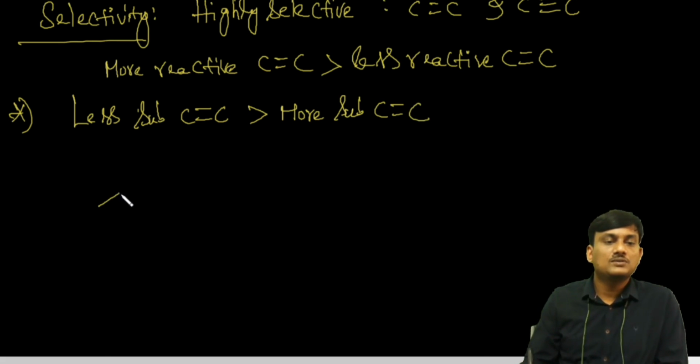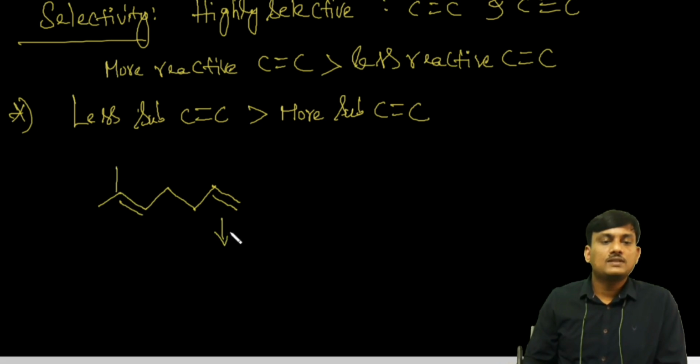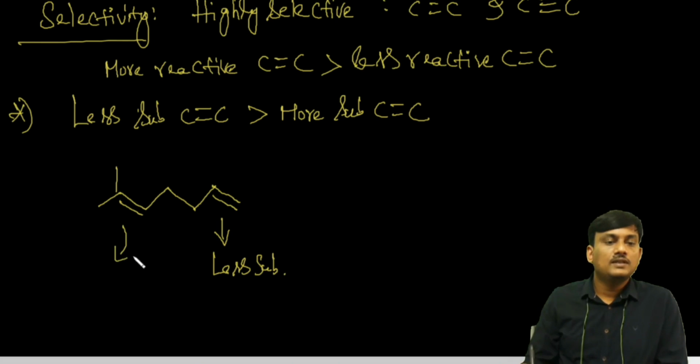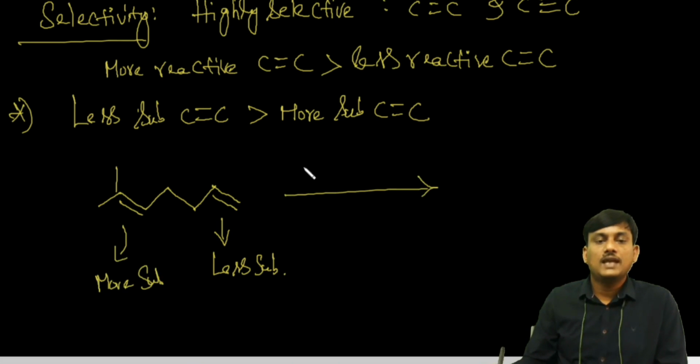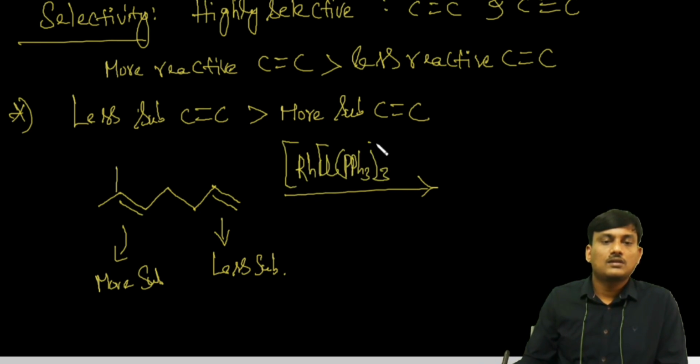Suppose you take this molecule. In this case this double bond is the less substituted C double bond C, and this one is the more substituted C double bond C. When you react with Wilkinson's catalyst, triphenylphosphine, hydrogen, let's take the solvent as benzene.